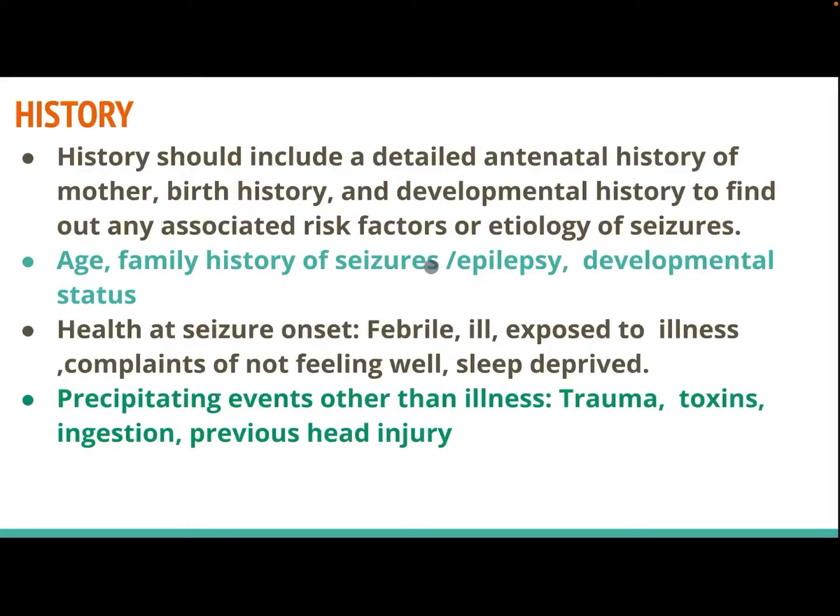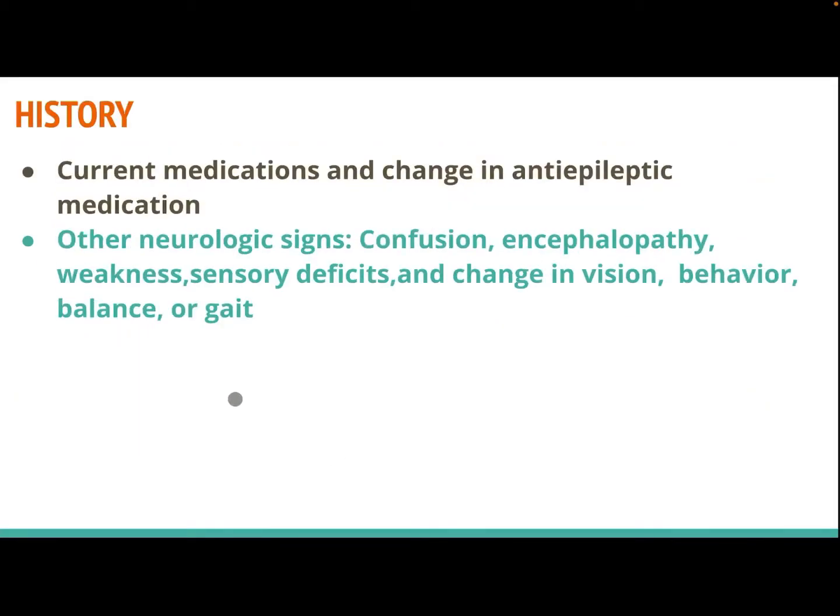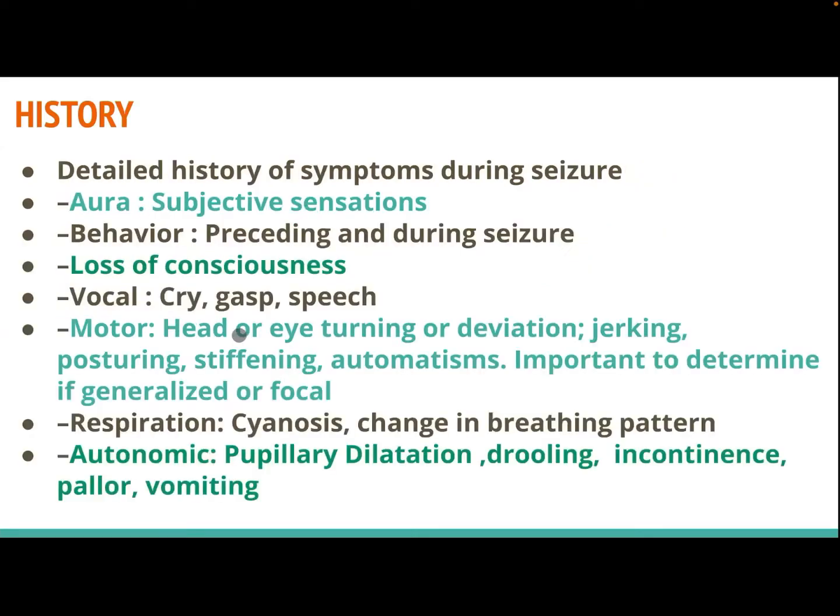Age, family history of seizure, epilepsy, developmental status, health at seizure onset: febrile, ill, exposed to illness, complaint of not feeling well, sleep deprivation, precipitating event other than illness like trauma, toxin ingestion, previous head injury, current medication and change in anti-epileptic medication, other neurological sign, confusion, encephalopathy, weakness, sensory deficit, and change in vision, behavior, balance, or gait.